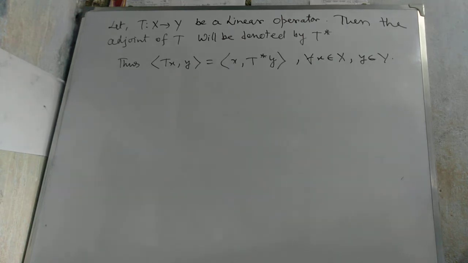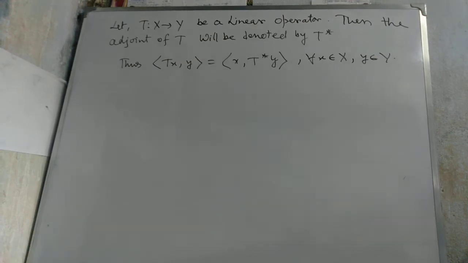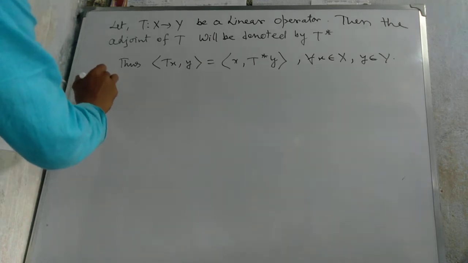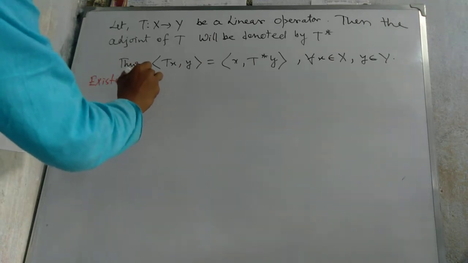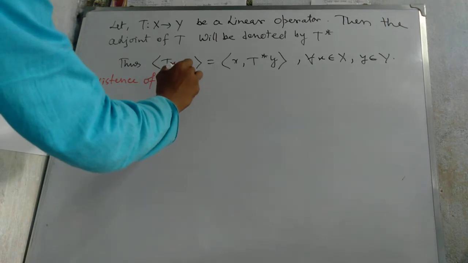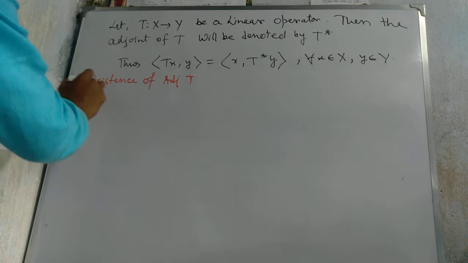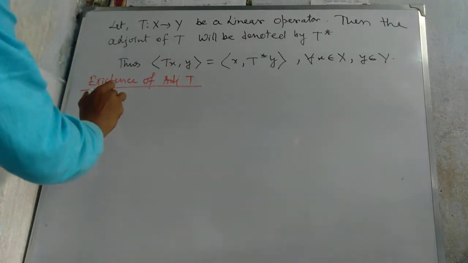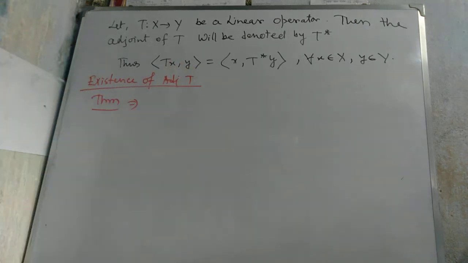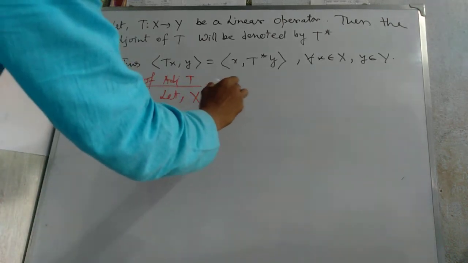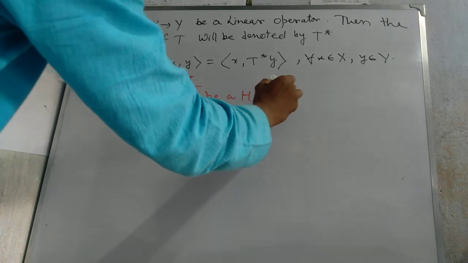Then we go to another theorem. This theorem shows the existence of adjoint of T. We write the theorem this way.